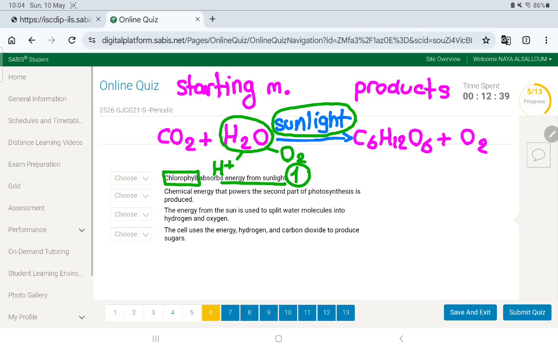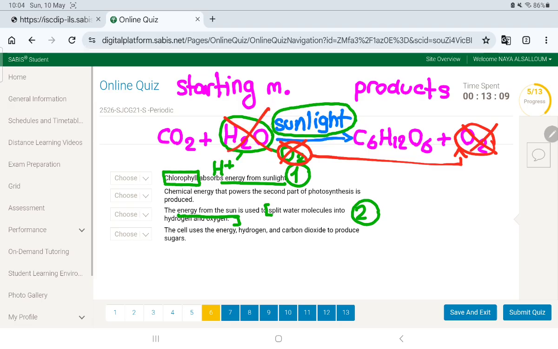Now, once again, for the first part of the first stage, the chlorophyll absorbs energy from sunlight, and the energy from the sun will split water to hydrogen and oxygen. Now, you see this oxygen here? This is the product of stage 1. That's it. Oxygen, gone. No more.